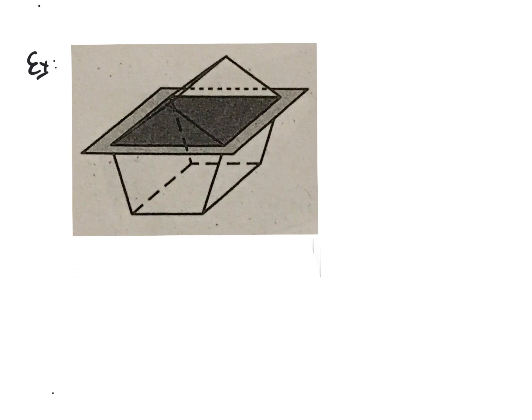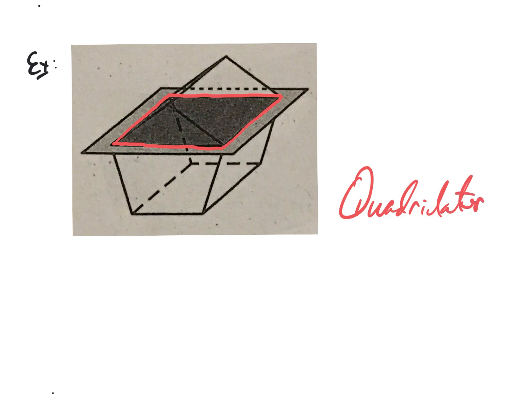So for me, it's pretty easy with these colored pencils because I can just trace where the plane would intersect the polyhedron, and then you can just simply count up the number of sides, and you can tell from this one that what we'd have is a quadrilateral. We just simply have a quadrilateral for the intersection of the original shape and the plane.